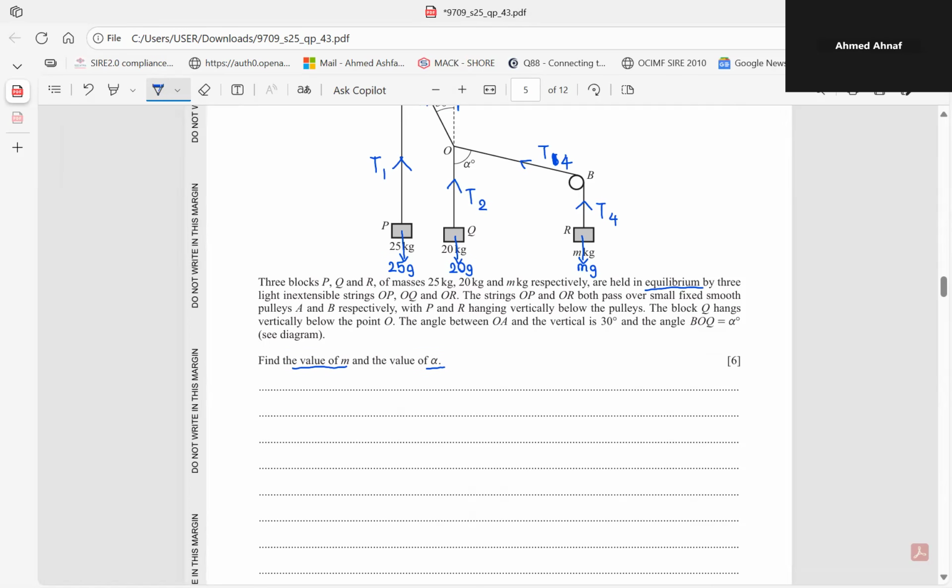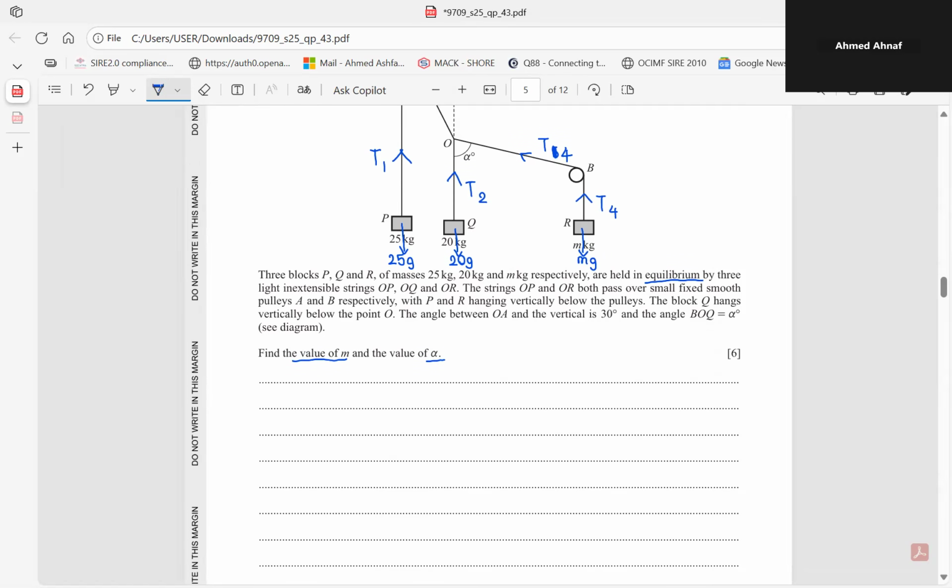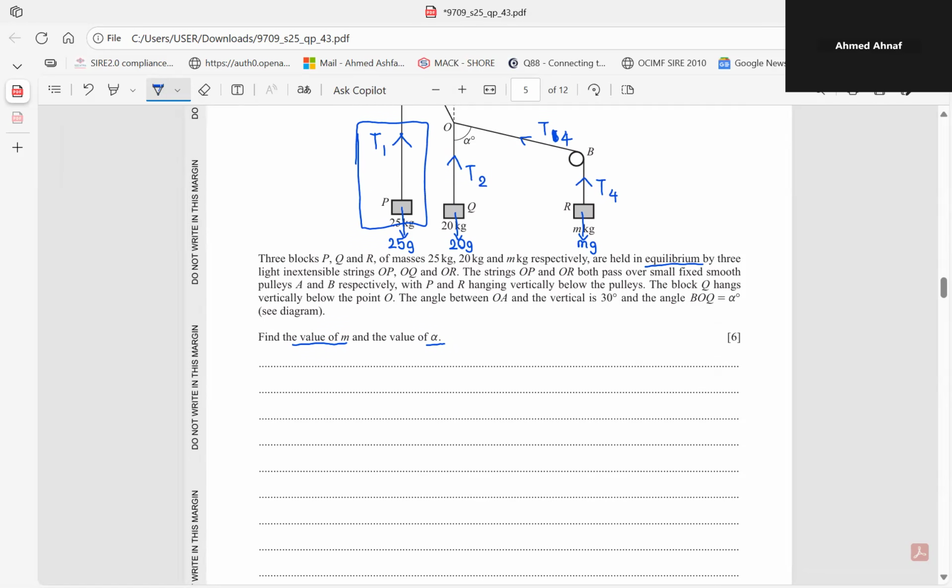For T1, we can consider P separately. Since they're in equilibrium, we can say that T1 equals 25g, which equals 250 newtons.